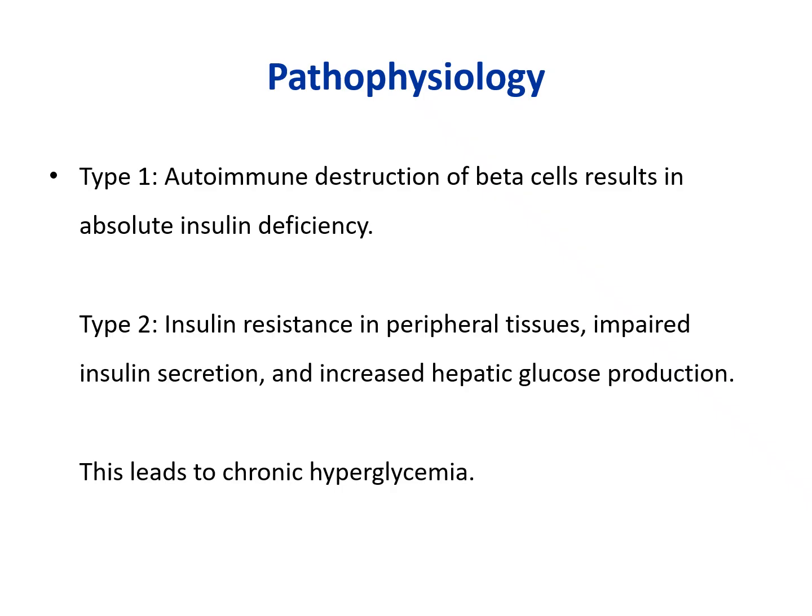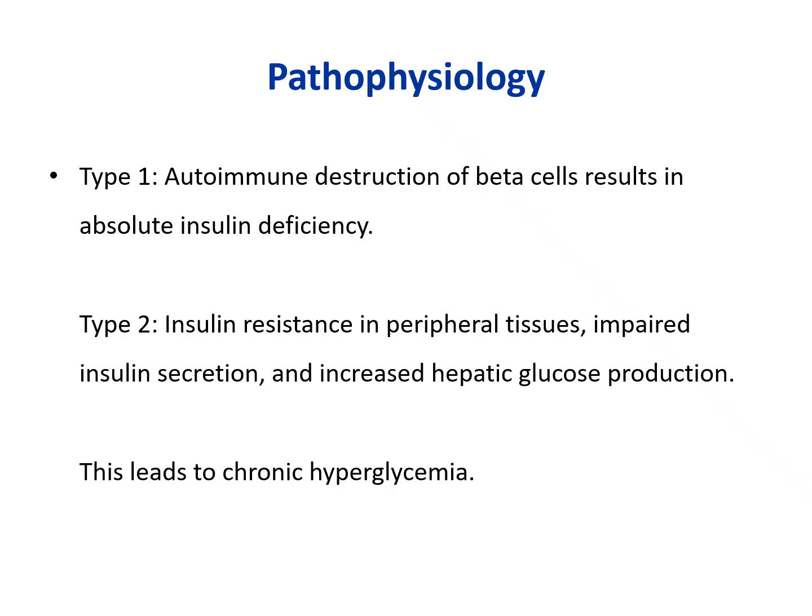And what is type 2 diabetes mellitus? It is insulin resistance in peripheral tissues, with impaired insulin secretion and increased hepatic glucose production. In type 2 diabetes mellitus, the peripheral tissues, such as the feet or appendages, are unable to utilize insulin and control blood sugar in those body parts.